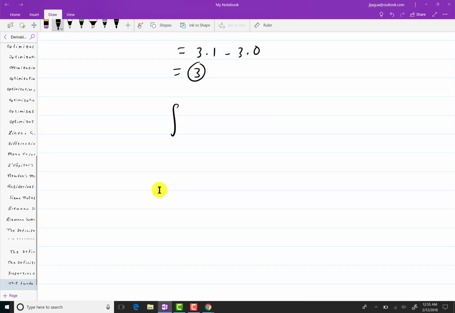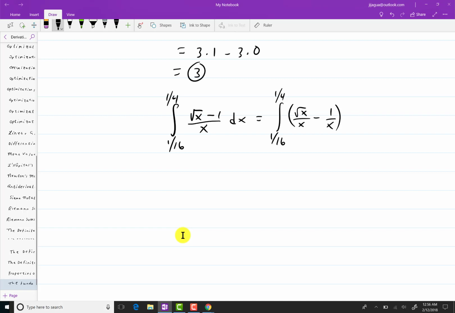Try this integral, 1/16 to 1/4 of the square root of x minus 1 over x dx. I think the best thing to do is to break this up like radical x over x minus 1 over x dx.